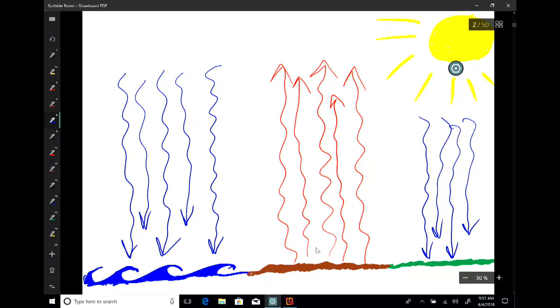When that void is created, it has to be replaced by something. So what do you think it is? It's going to be this air in that transitional area between these two surfaces. And so that cool air gets pulled in to this area over the desert.